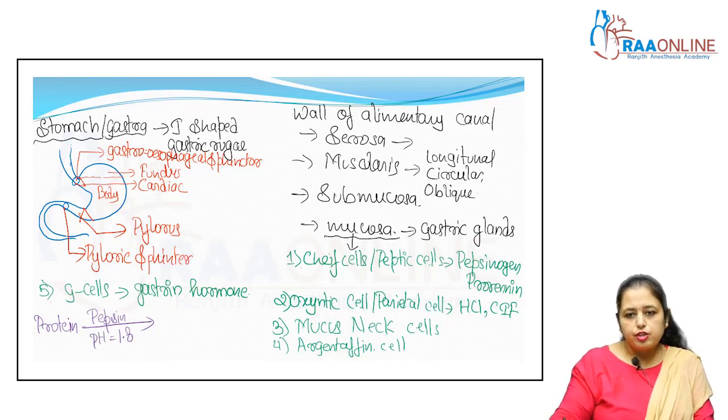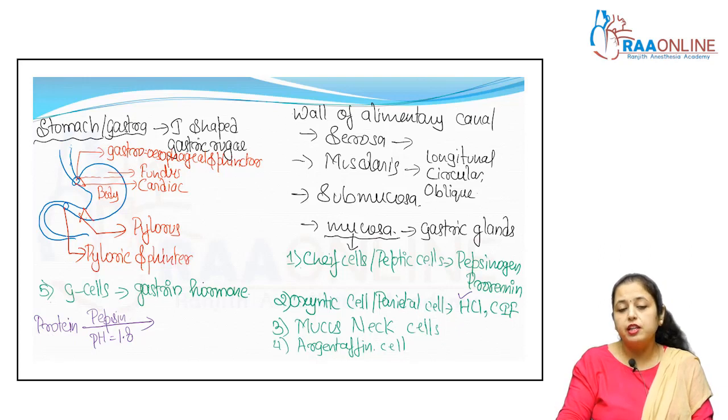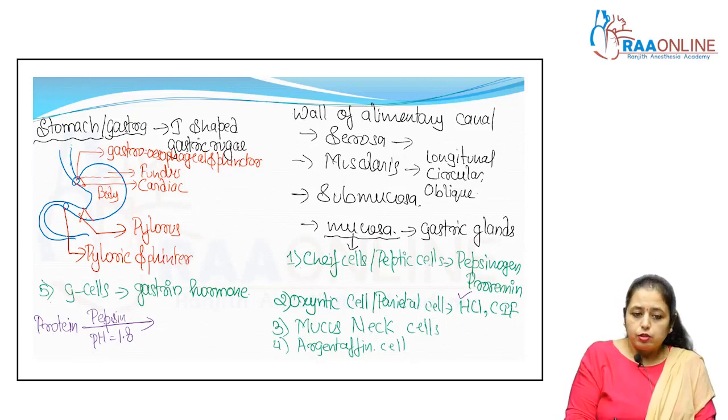Due to the presence of HCl, the pH of the stomach, the pH of the gastric juice, is 1.8, right?